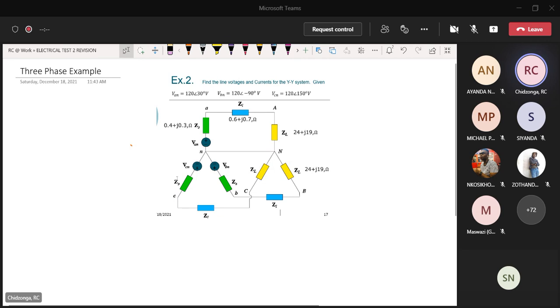The values are only shown in one phase. The line to line, the phase voltage, the currents happening in all these three phases are the same. And because that is the situation, the source and the load are described as being balanced. So we are going to deal with balanced networks.